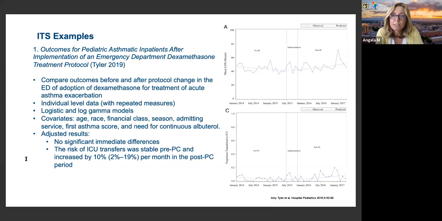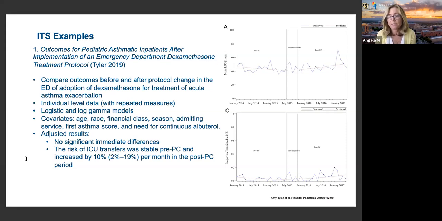If you look at the 2 figures on the right, they're examples of a classic interrupted time series figure. You have the outcome on the y-axis and then time on the x-axis. The noisy line in the background there is the observed values that were summarized in the monthly time period, so per month. And then the predicted model results were summarized and graphed on top of those.